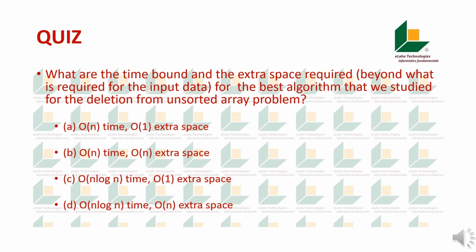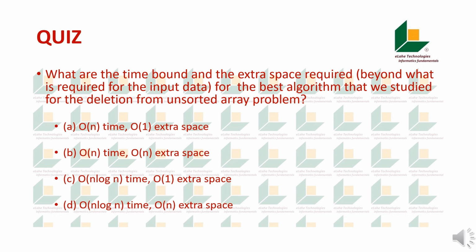Another question. What are the time bound and the extra space required, beyond what is required for the input data, for the best algorithm that we studied for the deletion from unsorted array problem? Option A. Order n time, order 1 extra space. Option B. Order n time, order n extra space.